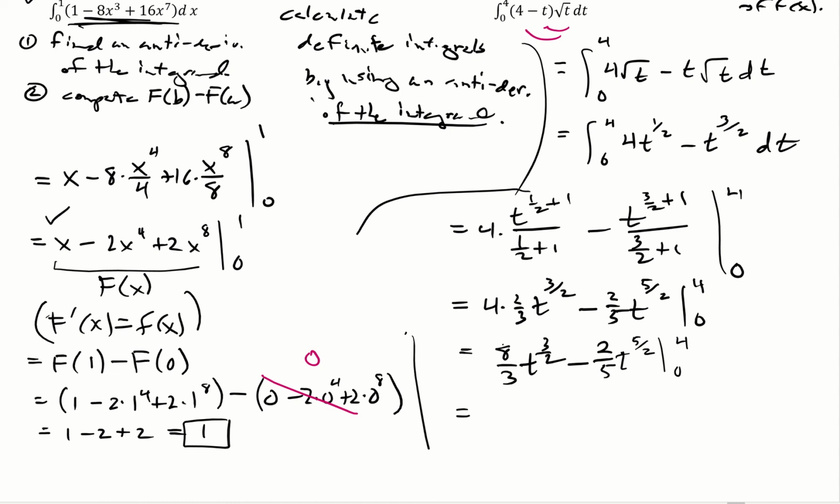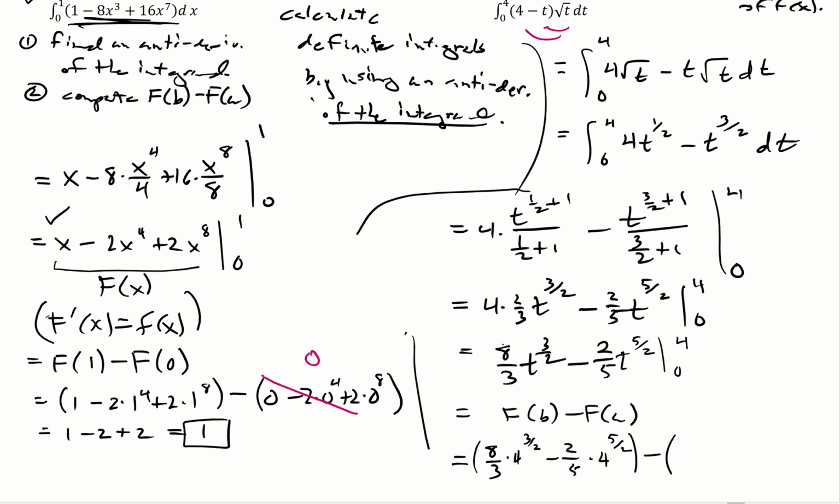Did you see? We're going to go F of b. I'll write it out. It's going to be F of b minus F of a. We're about to do it, and here we go. So we're going to plug in 4. So it's going to be 8, notice the parentheses, 8/3 times 4 to the 3/2 power minus 2/5 times 4 to the 5/2 power.